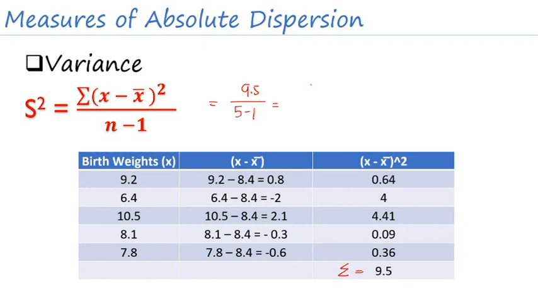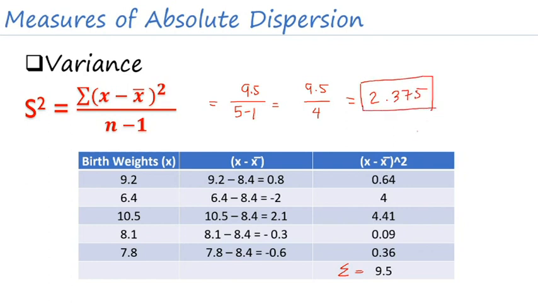It will result to 9.5 divided by 4. And 9.5 divided by 4 is equal to 2.375. So, pa-counter check na lang, it is equal to 2.375.